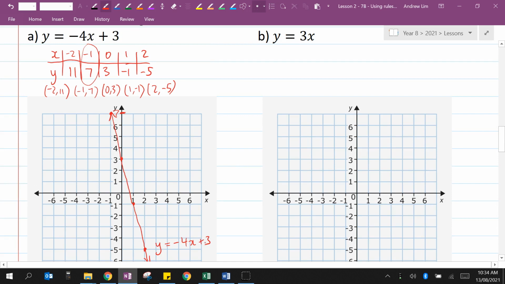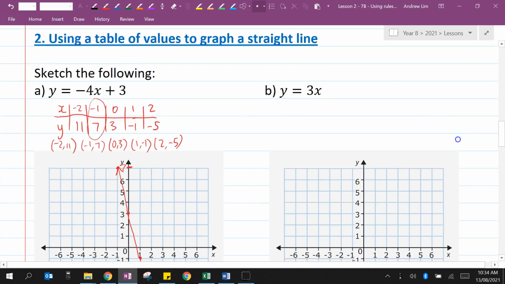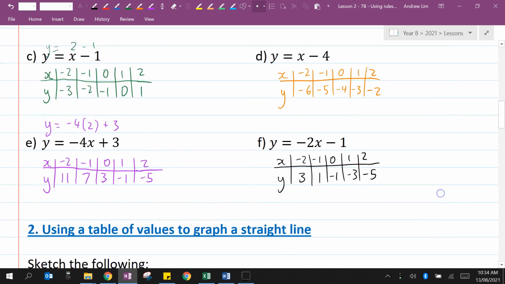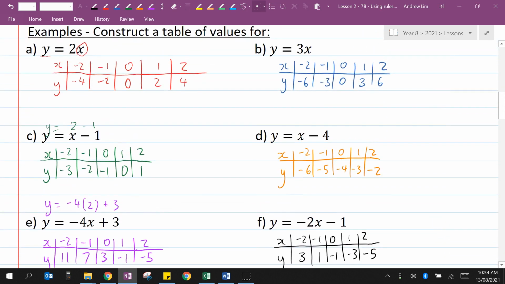Okay. Right, why don't you pause the video, have a go with question B by yourself. Now question B, we've got y equals 3x, which is up here, question B. So if you want to just copy down this table of values for that, you can, and then have a go with graphing it.